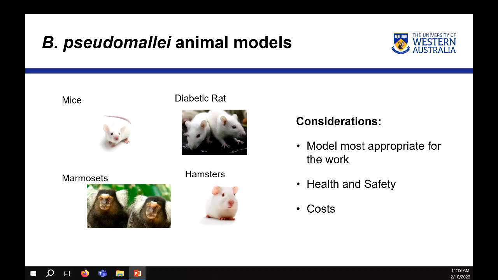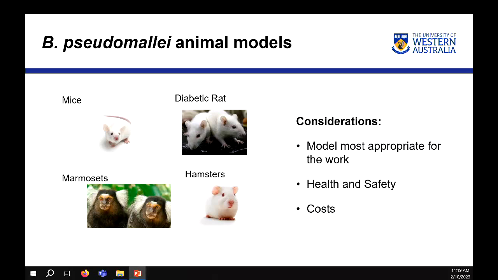But we've used the mouse infection model. There are things that you need to take into consideration, like the model that's most appropriate for the work that you're going to do, health and safety, and then obviously the costs. The costs of housing marmosets and breeding marmosets is really quite high. Mice is a little bit cheaper. Health and safety wise, this Burkholderia animal model has to be done in PC3.